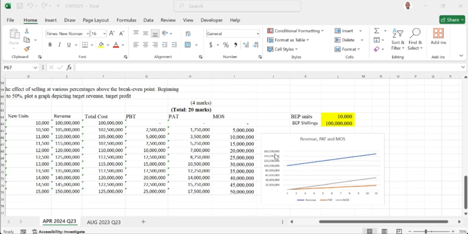Nimetumia tu line graph. Are we okay? Yes.